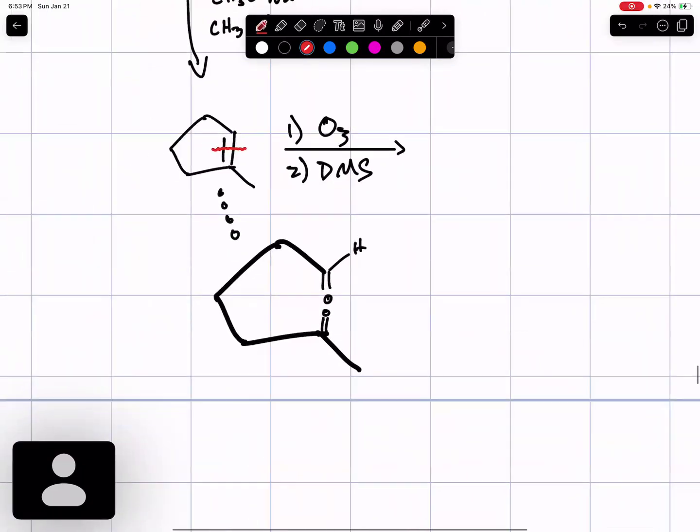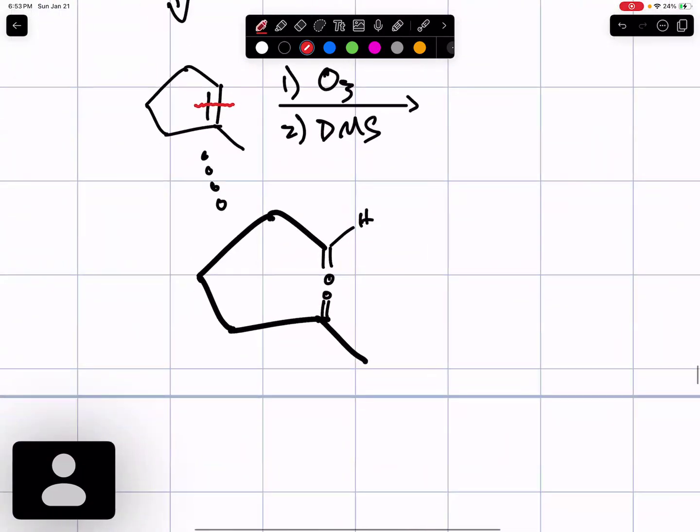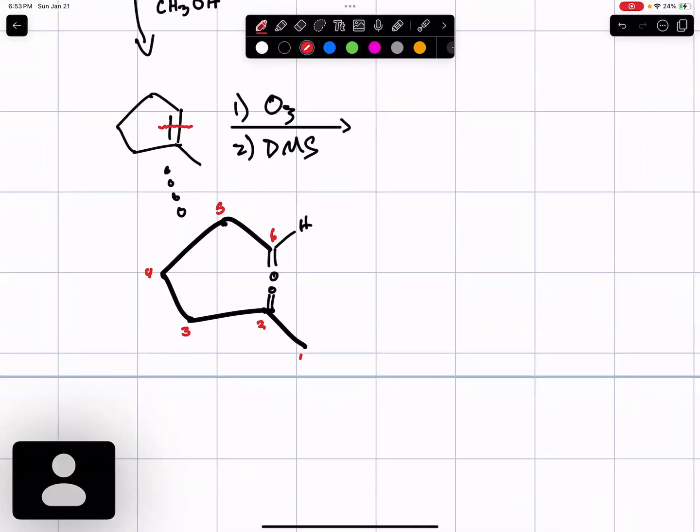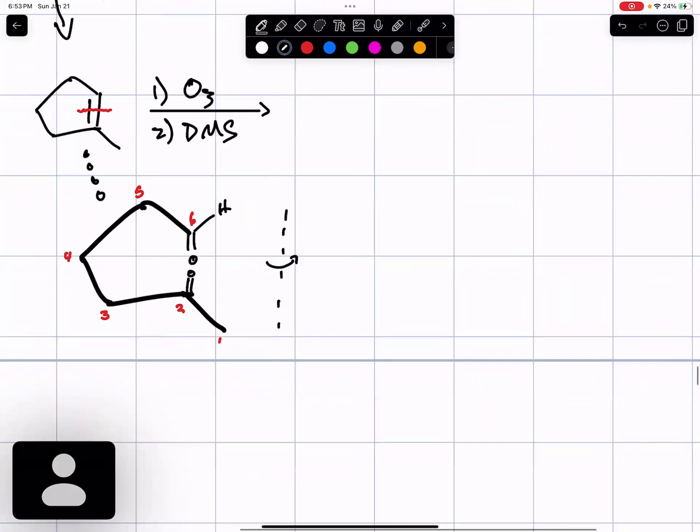Okay, so now let's make this a little bit prettier. And let's notice something too. 1, 2, 3, 4, 5, 6. Our carbons haven't changed. Now, all I'm going to do to this is flip it. So if I flip this molecule, it would look something like this.